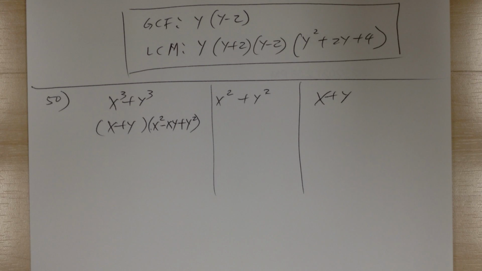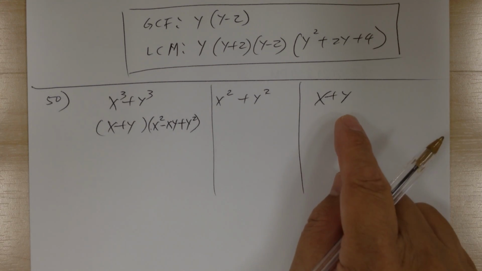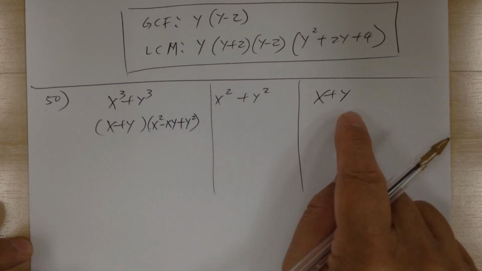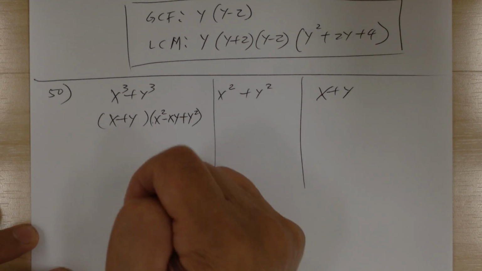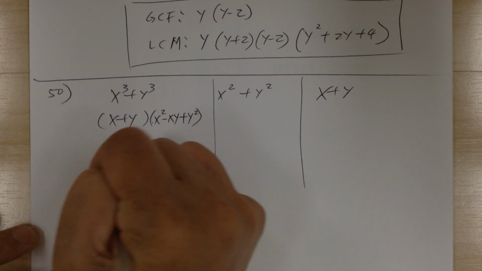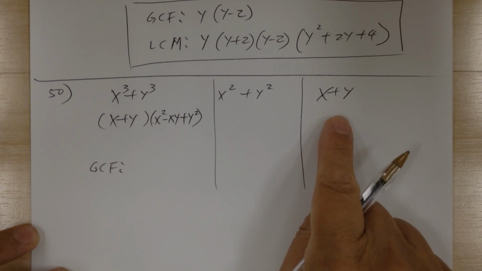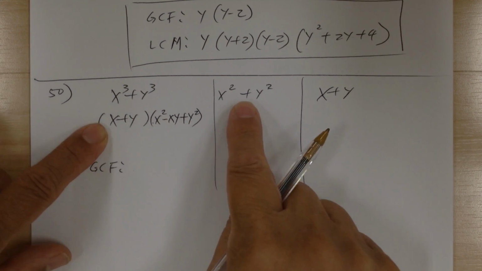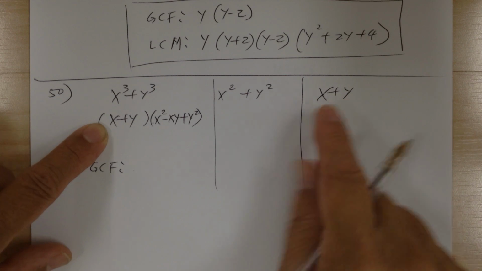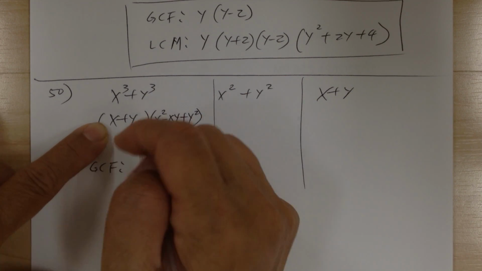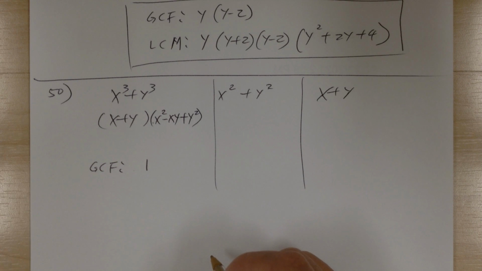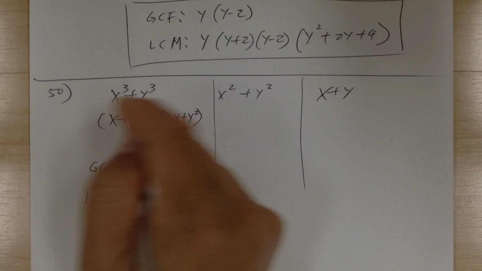This one you cannot factor with a real number. This one you cannot factor, so that's it. Let's get the GCF, which is whatever they have in common. So you have this, but there's none over here. In this case, your greatest common factor would be 1, because they have nothing in common.